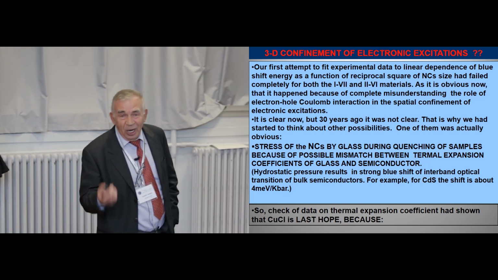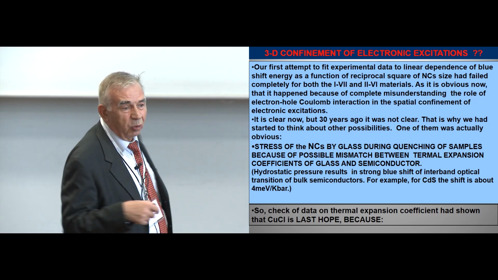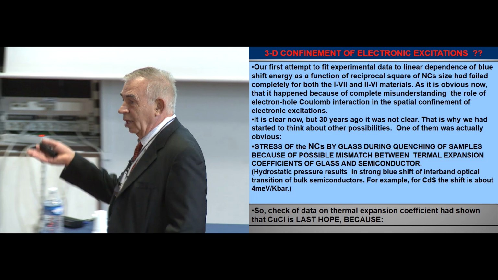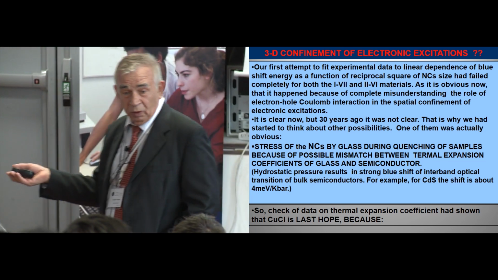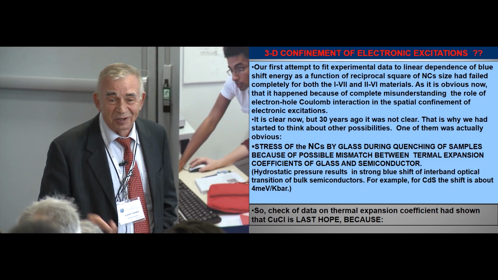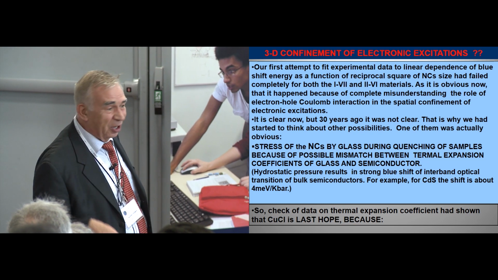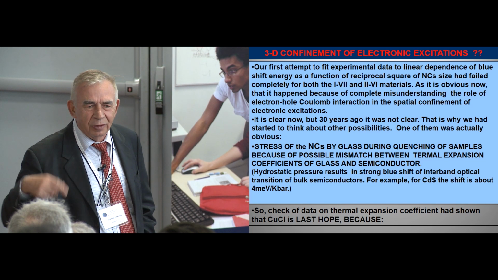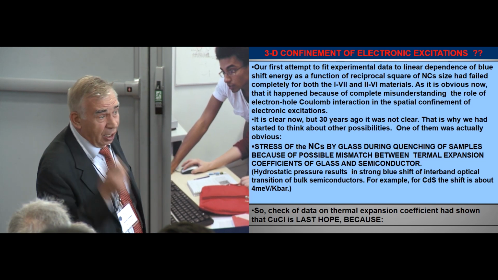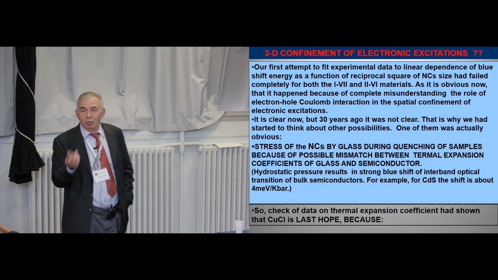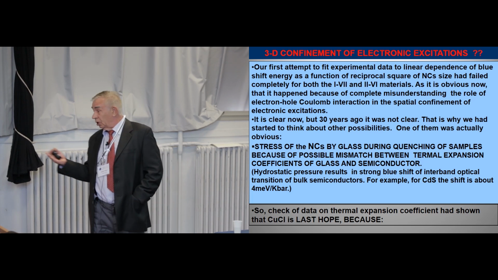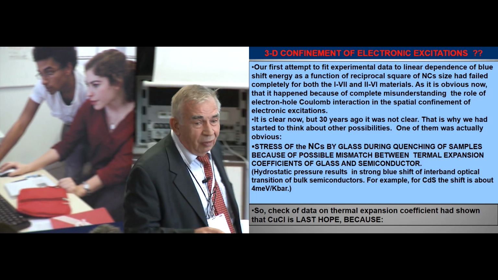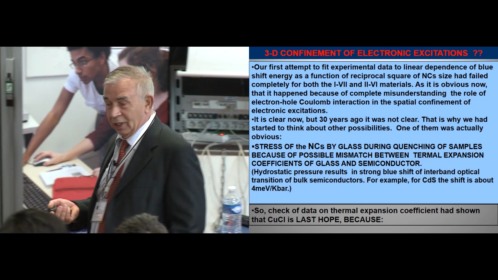And not completely, because for the case of copper chloride, we got the linear dependence, but the effective mass taken from the slope, as it was written in the translation of the paper, was far off from the literature data. It was like twice more or less, I don't remember, of what it should be. And for the case of II-VI materials, it was not even a linear dependence.